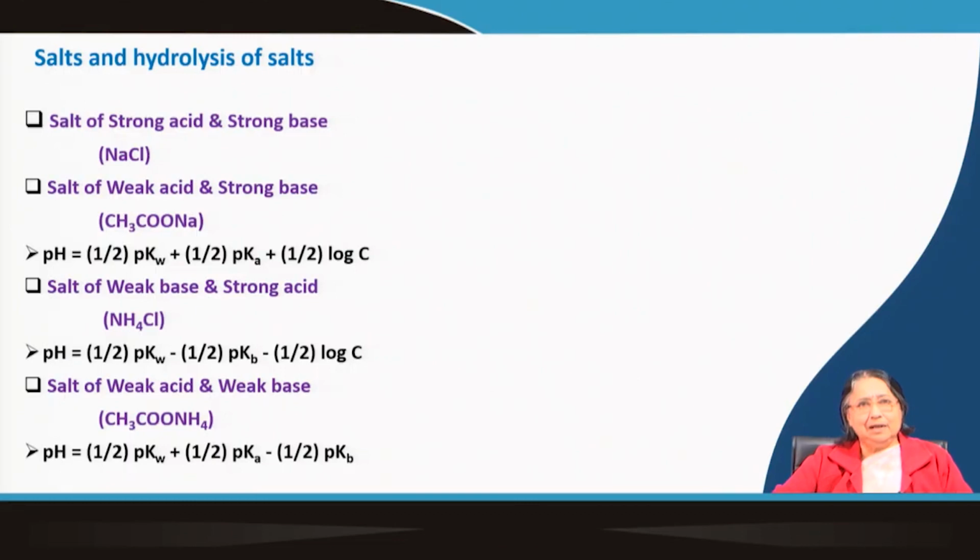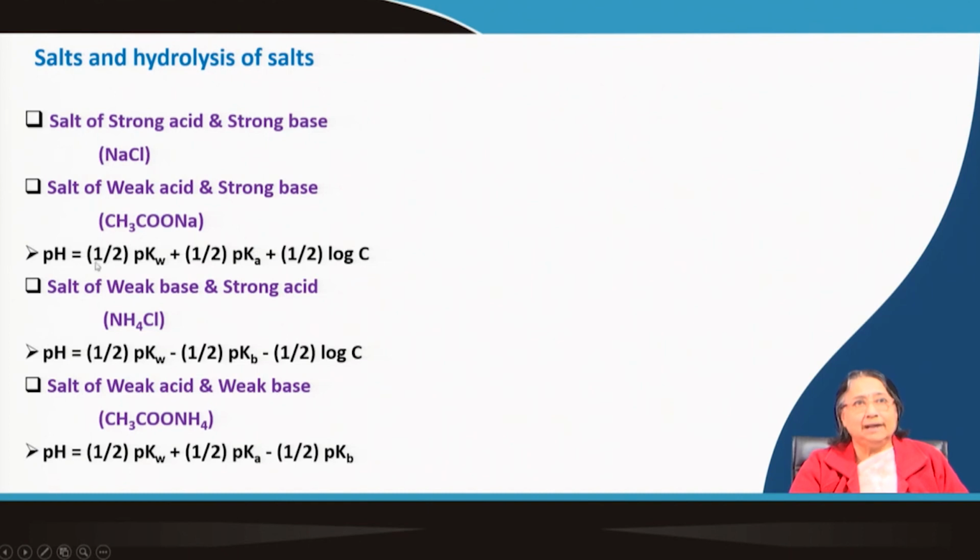It is neutral pH. But when you add some sodium acetate, which comes from a weak acid and a strong base, you will think it will be neutral pH, but it is not. It is not, because it is coming from a strong base and a weak acid. So, it will show basic character in water.